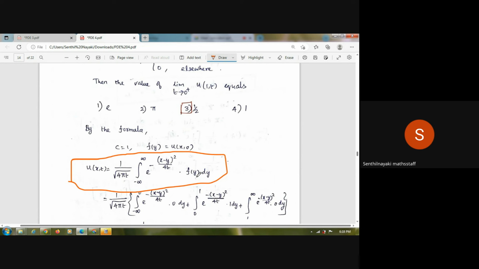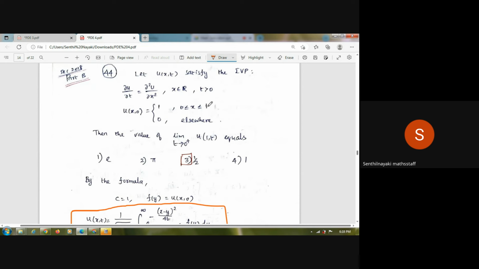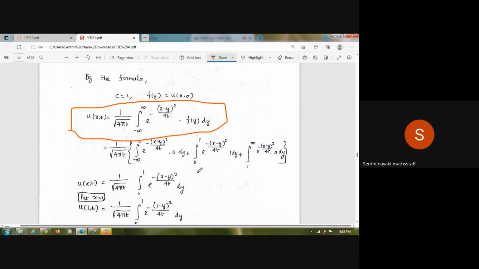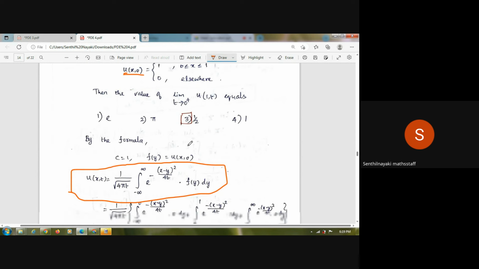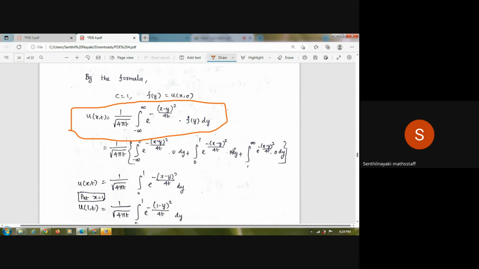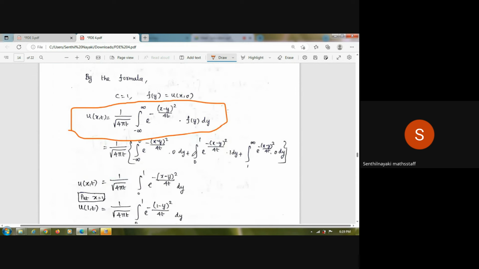This f of y value is, here we are considering only 0 to 1. Okay, so 0 to 1 only the value exists, and u of x comma 0 equal to 0 for the remaining interval. So 0 to 1 only the function value is 1. For the remaining values the function value becomes 0.